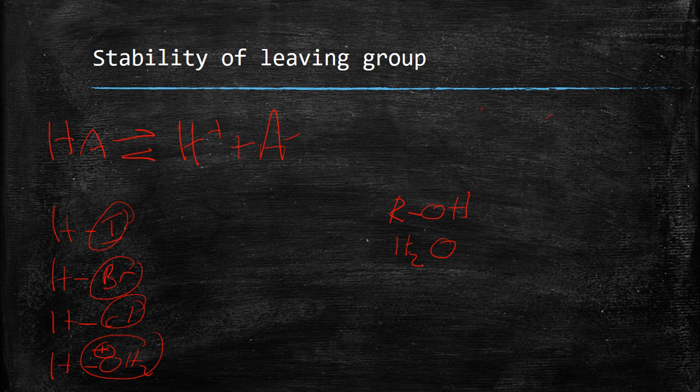Alcohols and normal water, however, are very poor acids and won't dissociate much. And so their respective leaving groups of OR- and OH- aren't very good leaving groups, and thus will not favor the SN1 pathway.